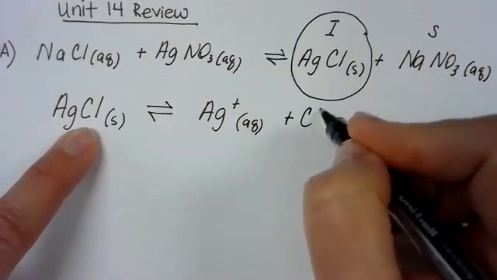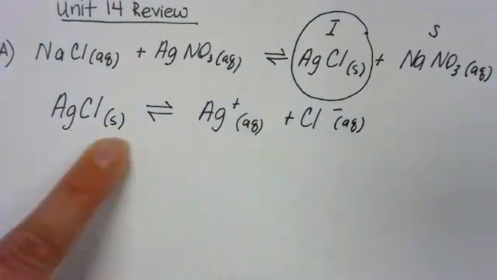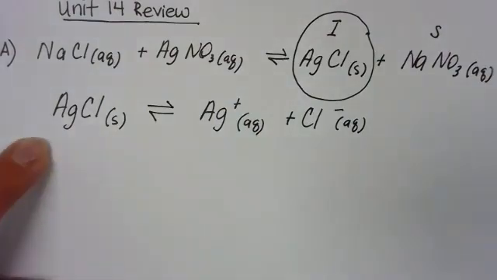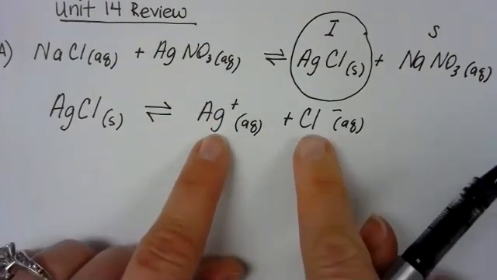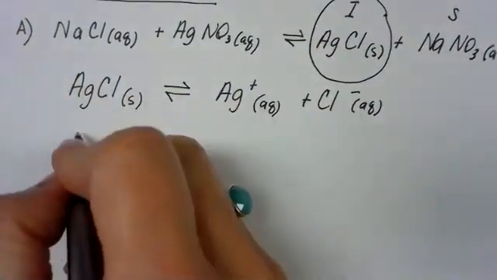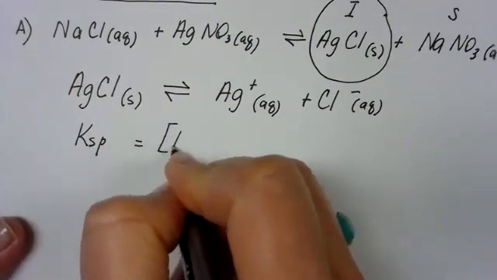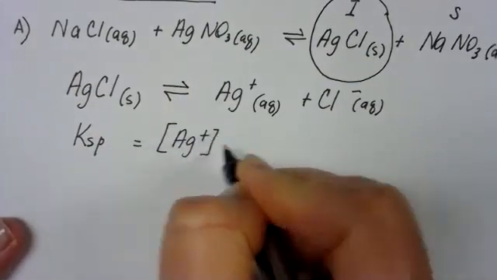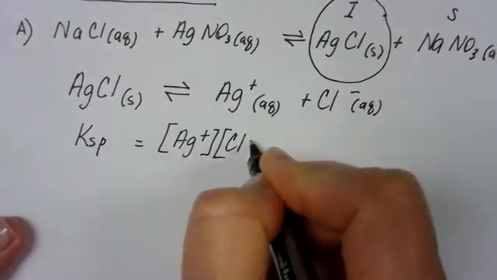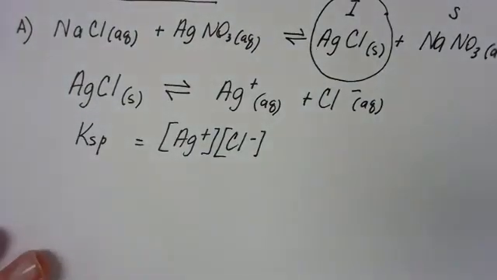And then I have my Cl, and it's negative. All this is very familiar because we've been working on this. The next step on Wednesday was, if I gave you these two concentrations, can you calculate it? Well, let's make sure I know my Ksp is concentration of silver times the concentration of chlorine over 1, because solid isn't part of your expression.